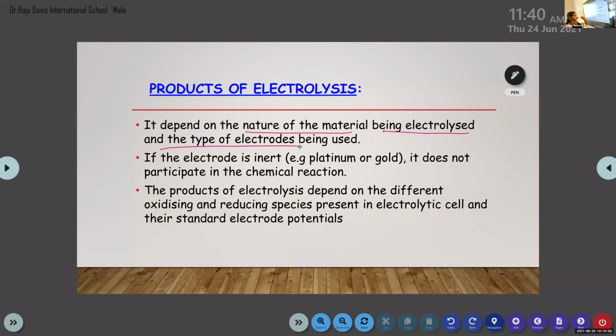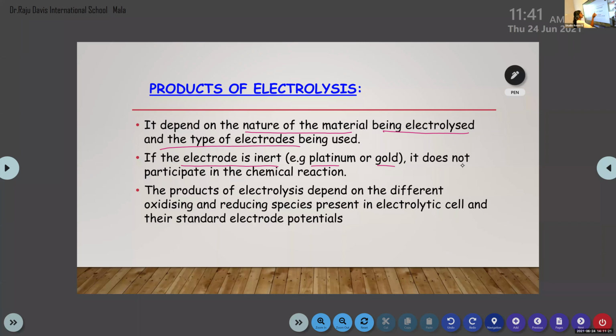Nature of the material being electrolyzed means the electrolytic solution that we have taken. Then the electrodes, anode and cathode. If the electrode is inert, as we have learned, like platinum or gold, they will not react, but they will provide the surface for the other electrolytes to react.